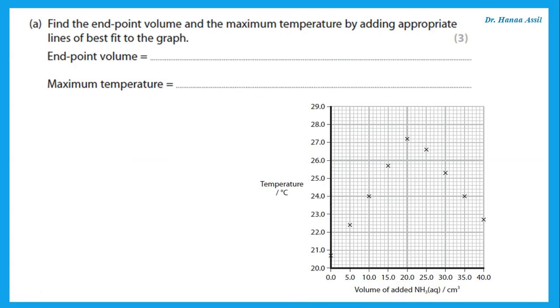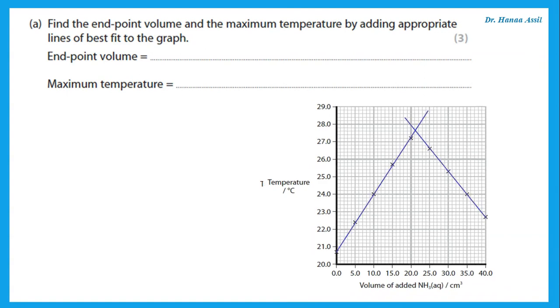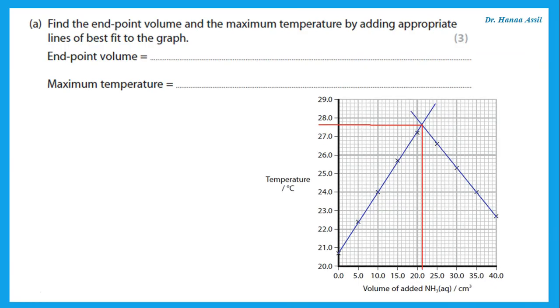Find the end point volume and maximum temperature by adding appropriate lines of best fit to the graph. Remember, if we have points like this, we should join the points going up and the points going down, and where they meet, that is the highest temperature and the end point volume.